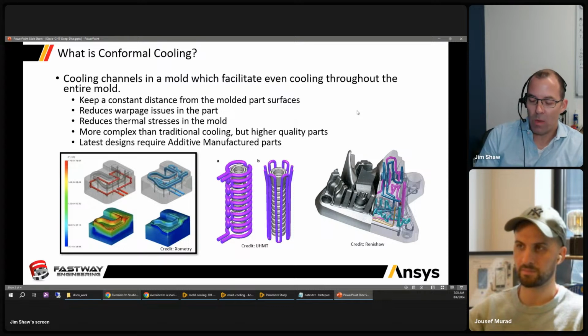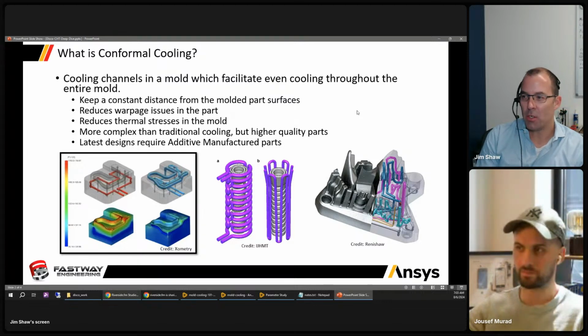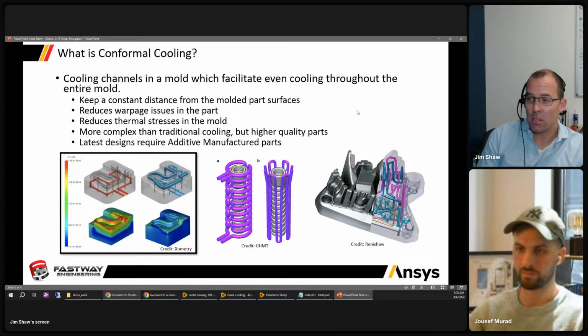Anytime we can make a design change to the tooling that can reduce potential defects or increase the quality of the part, we're talking about serious financial benefits. So whether you are designing a part for yourself, or you are working at a mold house or a service provider where you're designing just, quote unquote, just the tooling, what we're going to show today is a workflow of how you might want to approach that.